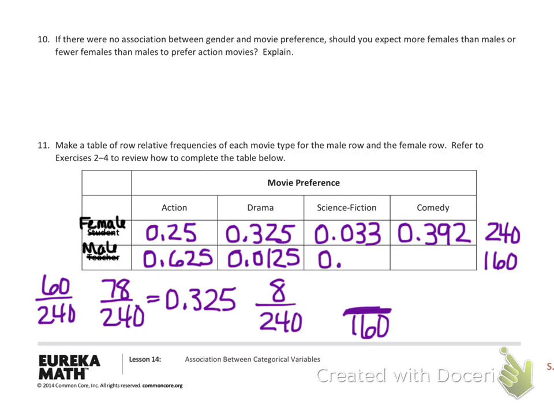Science fiction was 20% for the guys, and 16.25% for comedy, about 16% of males preferring comedy. Okay, so there are our row relative frequencies, and you should notice something right off the bat about this, that there's not the pattern to it that there was with the student and teacher.